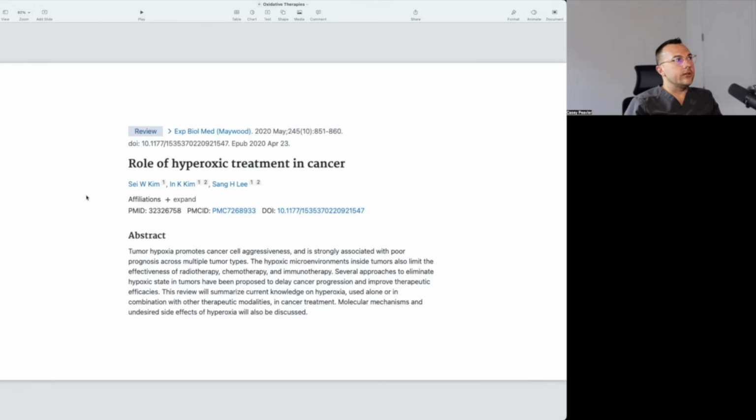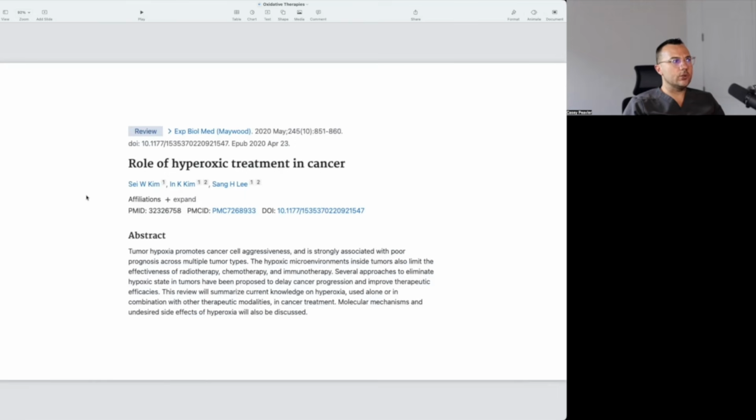This paper was titled Role of Hyperoxic Treatment in Cancer, and it was published in May of 2020. And it says here in the abstract, tumor hypoxia promotes cancer aggressiveness and is strongly associated with poor prognosis across multiple tumor types. The hypoxic microenvironments inside tumors also limit the effectiveness of radiotherapy, chemotherapy, and immunotherapy.